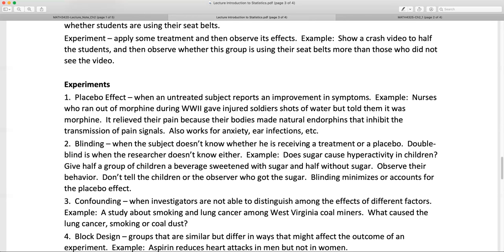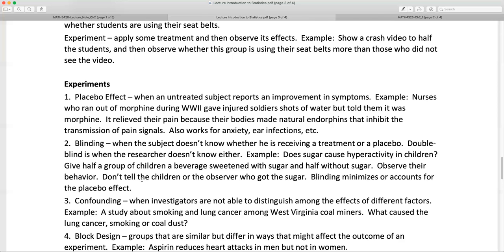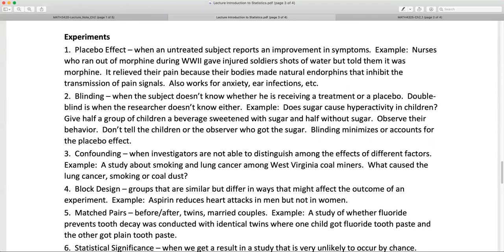Now, what types of experiment are there? The first one is the placebo effect. You may have heard that terminology in the news about the COVID-19 vaccine, right? What's the placebo effect?